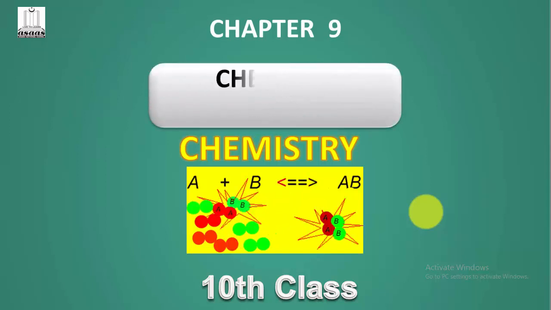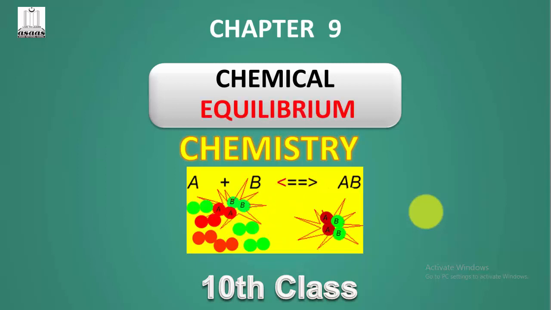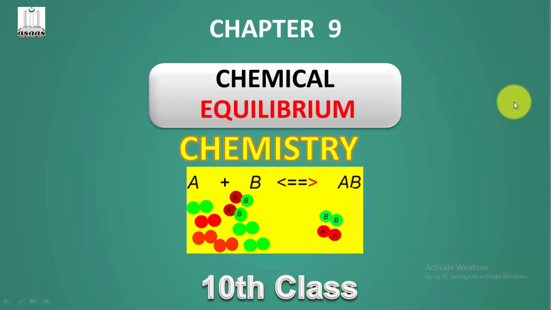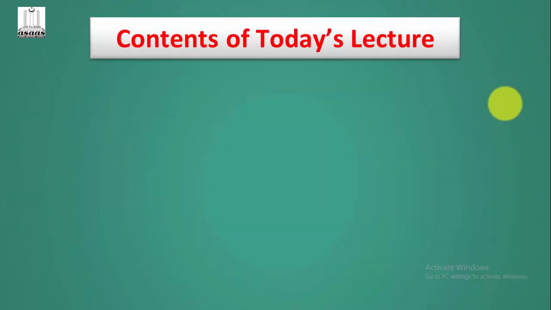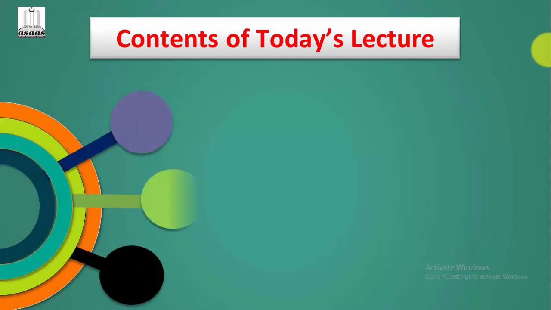As I have been teaching you the chemistry of 10th class, we have started chapter number 9, Chemical Equilibrium. Today we have our lecture number 8. Dear students, in the previous lecture, we discussed the law of mass action and derived the equilibrium constant expression Kc for a general reaction.